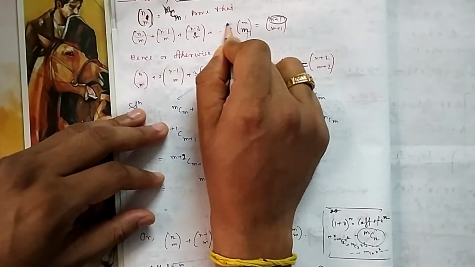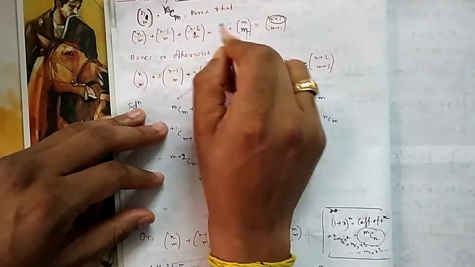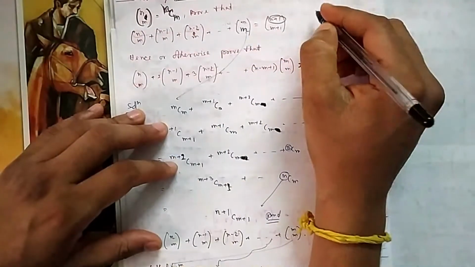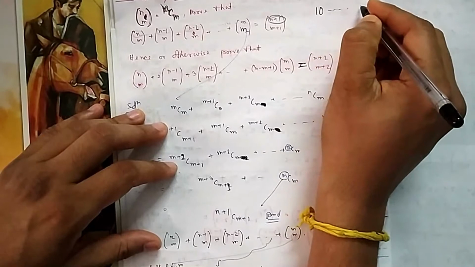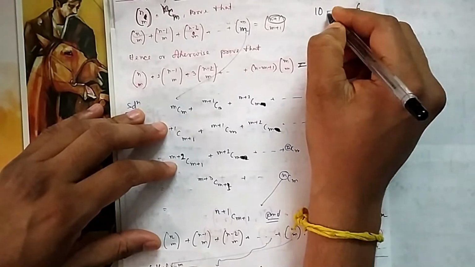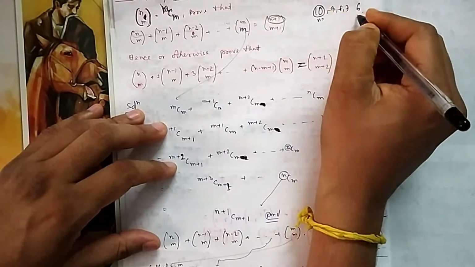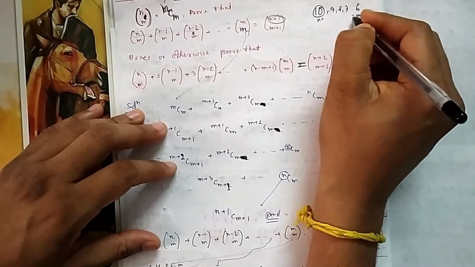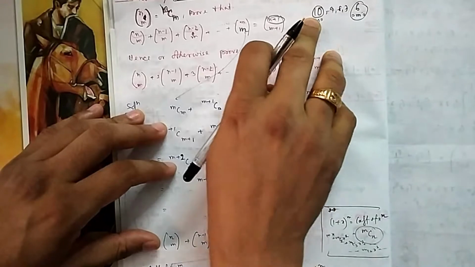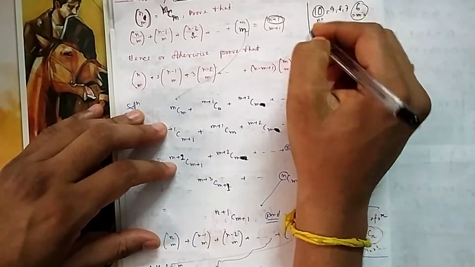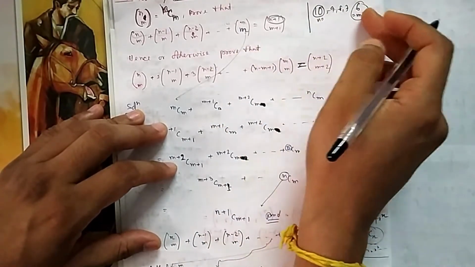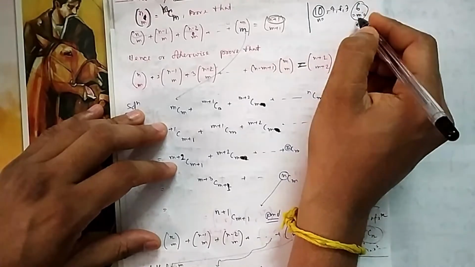So if I come from this side, m power will get increased. Suppose n is reducing from 10 up to 6: 10, then 9, then 8, then 7, then 6. You are getting it? So it is reducing from n and it is reducing up to m.